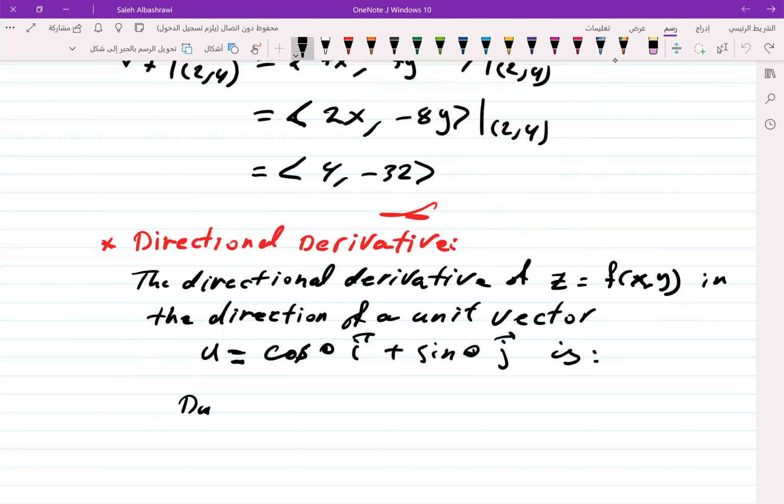This notation means the directional derivative in the direction of the unit vector u.